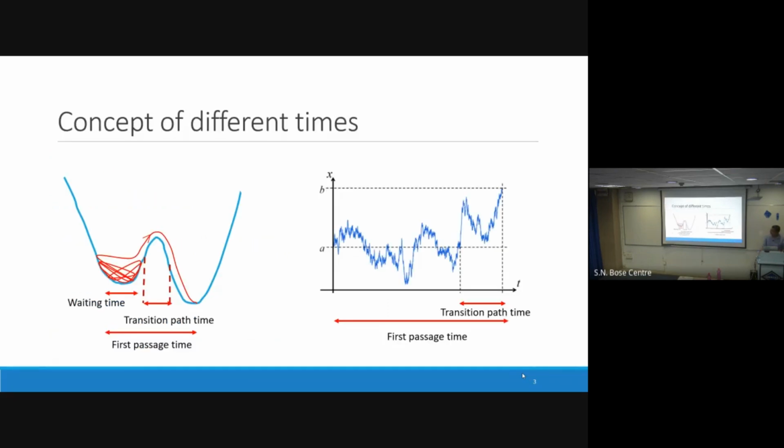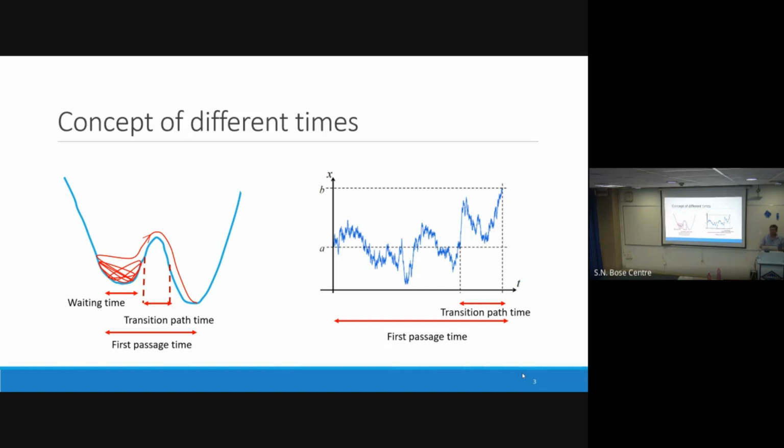There is a schematic picture of this barrier crossing dynamics for protein folding and unfolding, where you can see the first concept of time that I mentioned, the waiting time. Experimentally one can measure the waiting time, and theoretically also. So what is waiting time? Waiting time is that when biomolecules make a transition, before that they wait for some time in either the folded or unfolded minimum, and that time you measure is known as the waiting time.